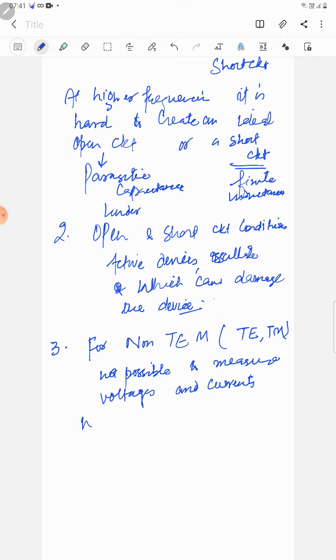We only can measure power from E and H fields.